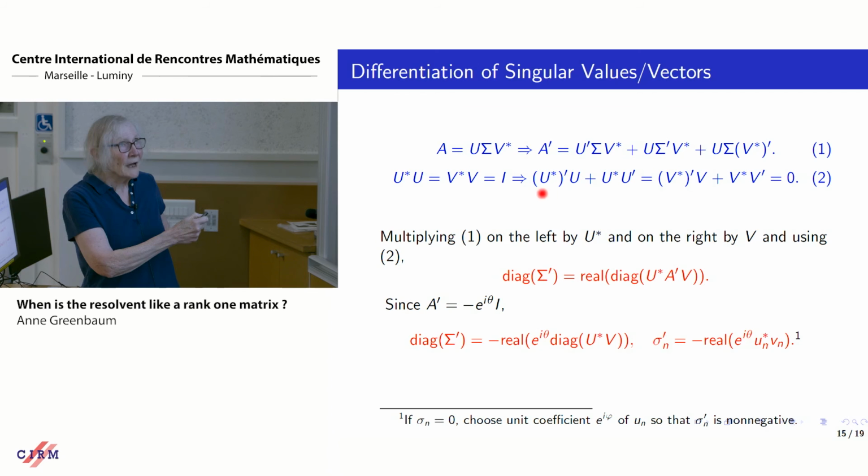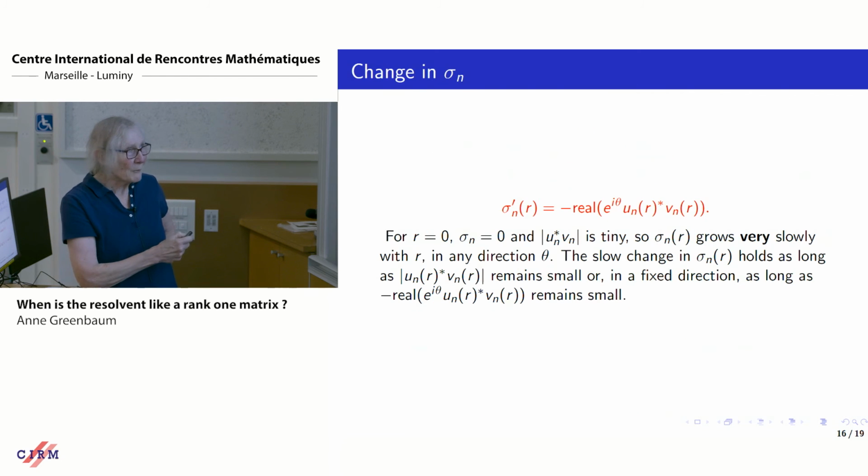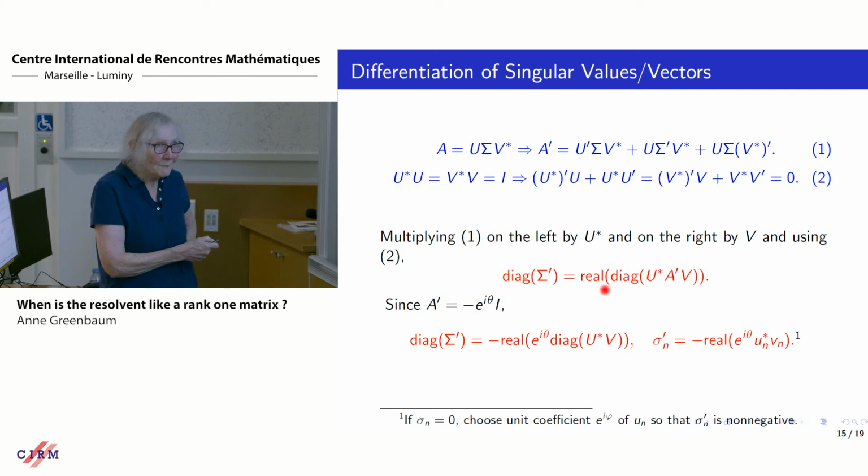We use the fact that the real part of the diagonal entries of U star U prime and V star V prime are 0 because of this skew Hermitian property. And so we obtain an equation for sigma prime. It's the real part of the diagonal of U star A prime times V.